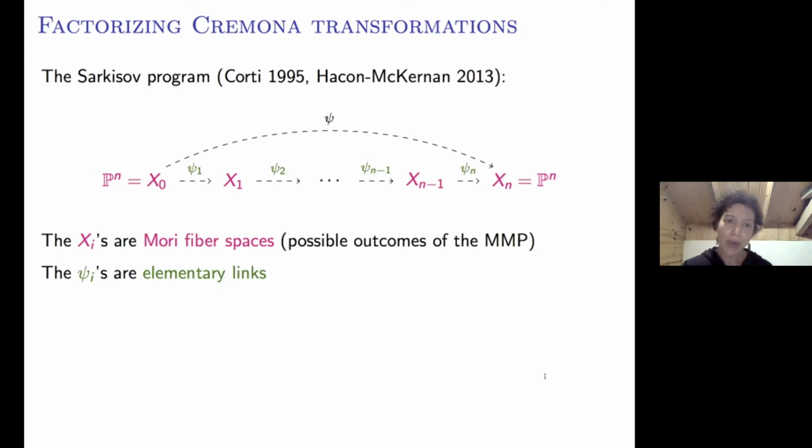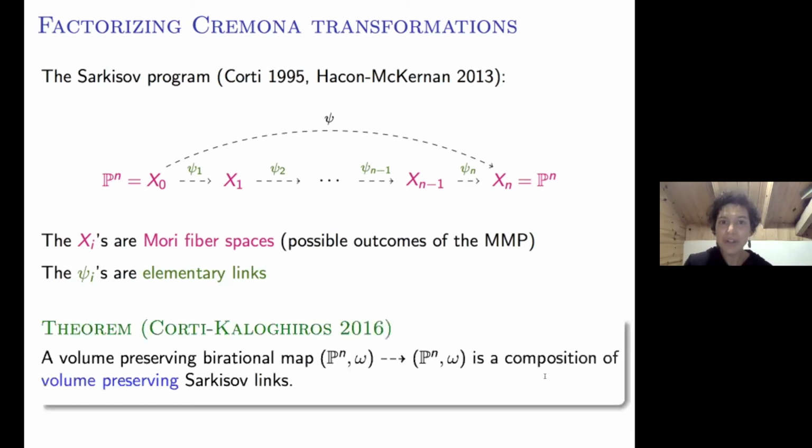But the minimal model program also gives us a version of the Sarkisov program for volume preserving maps. So any volume preserving birational map of Pn with respect to some volume form is a composition of volume preserving Sarkisov links. So I do not want to make this precise.